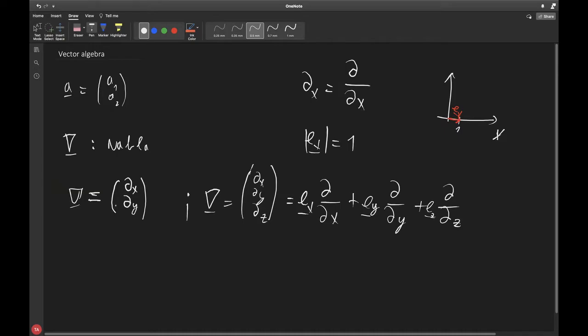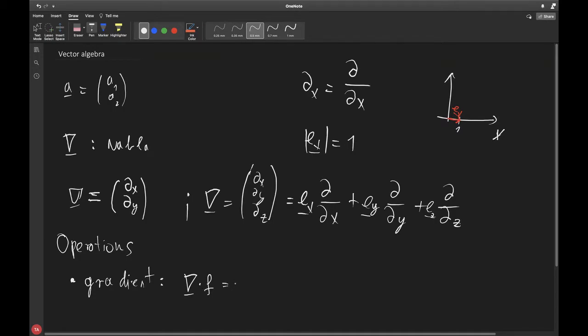The vector operations that we can do with this nabla object start with something which is called gradient. In a gradient, we apply the nabla to a scalar field. So we have the nabla, which is a vector, applied to the field f, and that's not a vector, right? It's a scalar field, so I am not making any underscore.